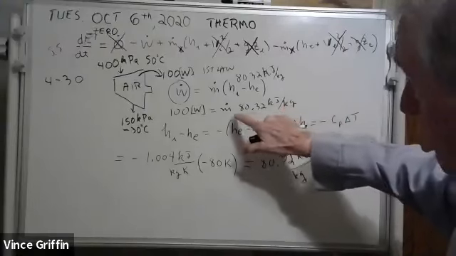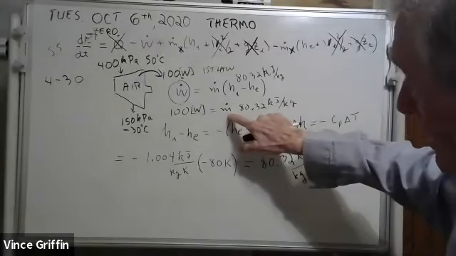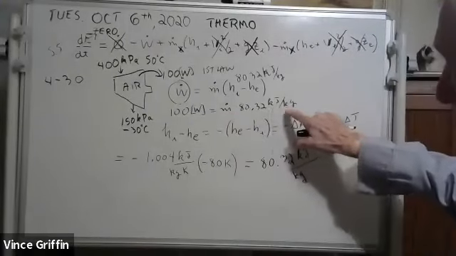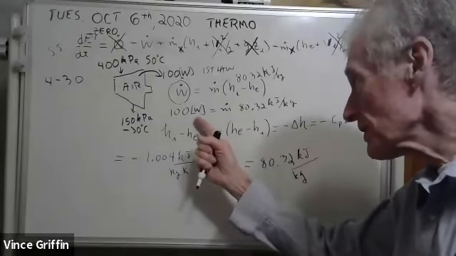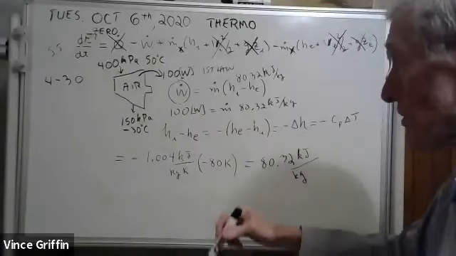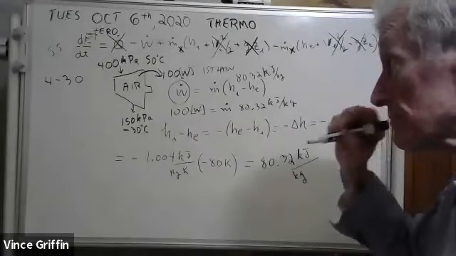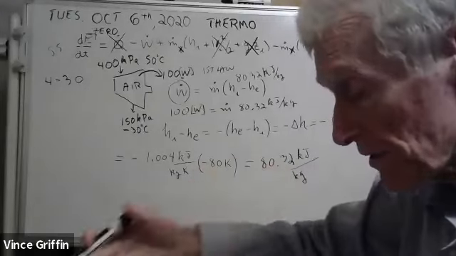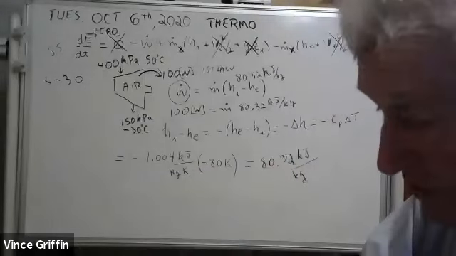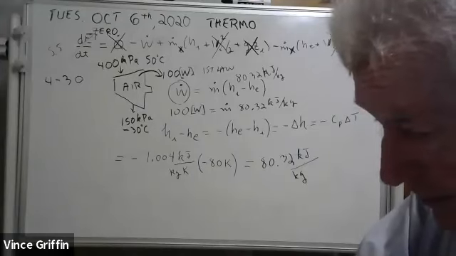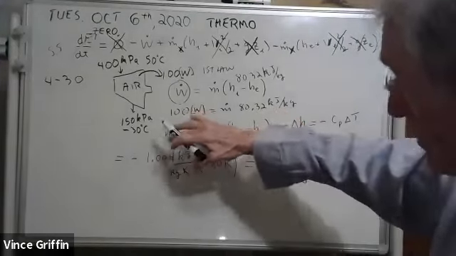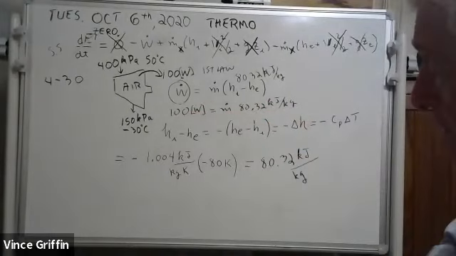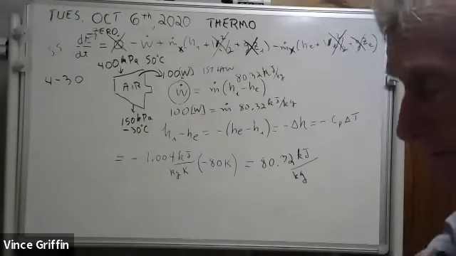Because when you multiply kilograms per second times kilojoules per kilogram, you're going to get kilowatts. But see, that's not kilowatts, that's just watts. So you can either have kilowatts on both sides or you can have watts on both sides. But you can't have watts on one side and kilowatts on the other. Does that make sense?